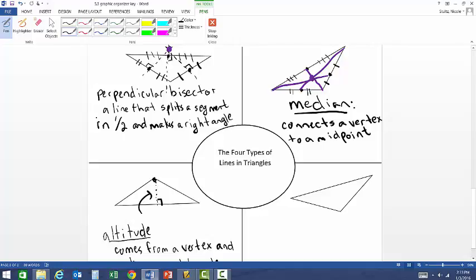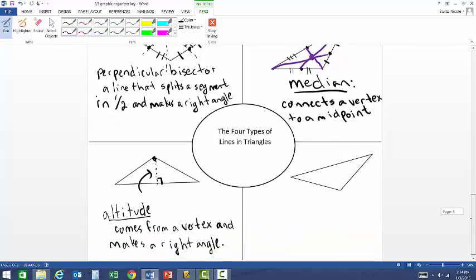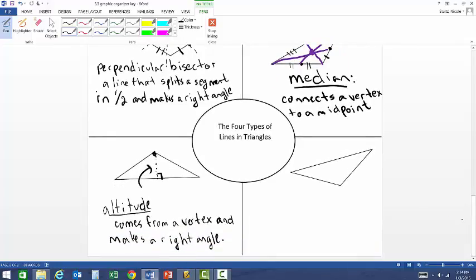As long as they split in half and make 90 degrees, that's all they need to do. So that's the difference. They both have a 90 degree, but there's no midpoint with an altitude. And there's no vertex necessarily with a perpendicular bisector. There could be, based on some triangles, but there does not have to be a vertex that it goes through.